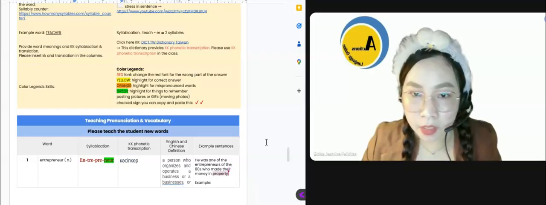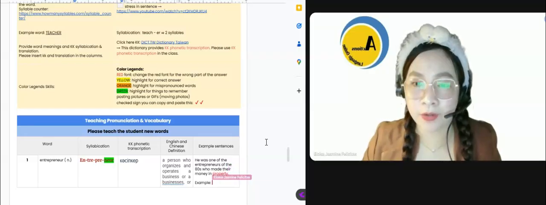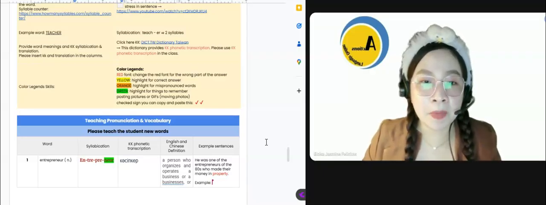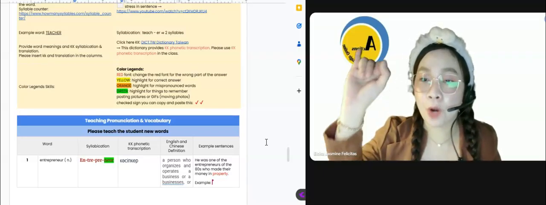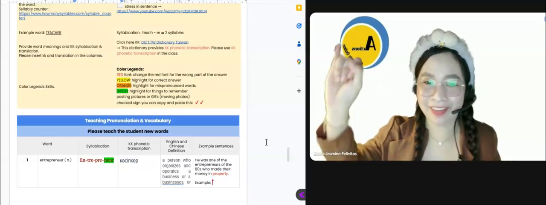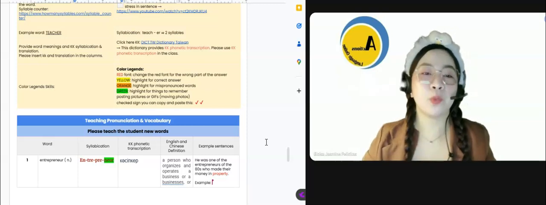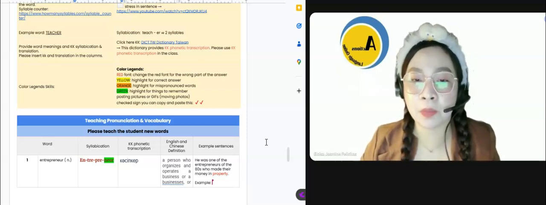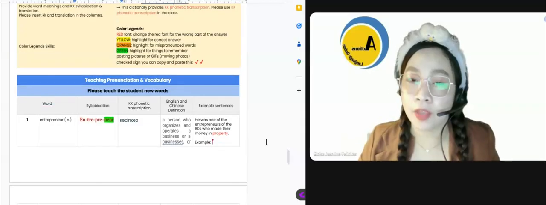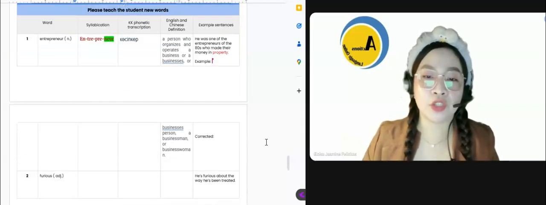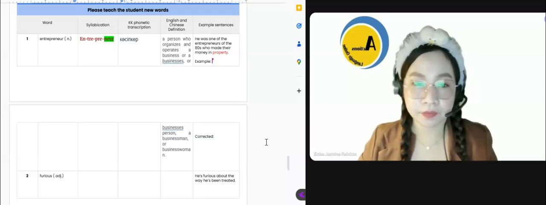Can you please repeat after me? Property. Again, property. The word property has the stress on the first syllable. Understood?